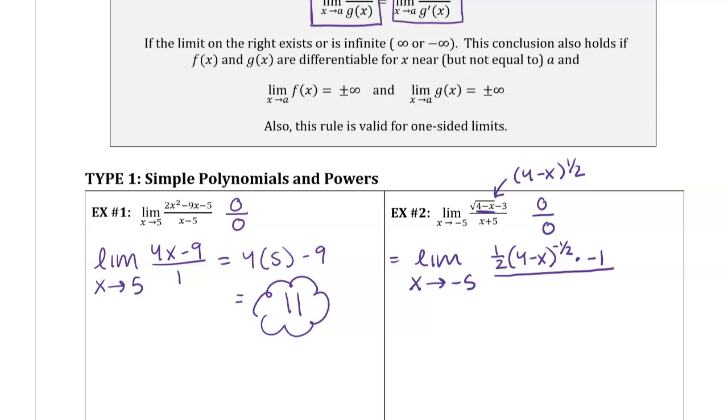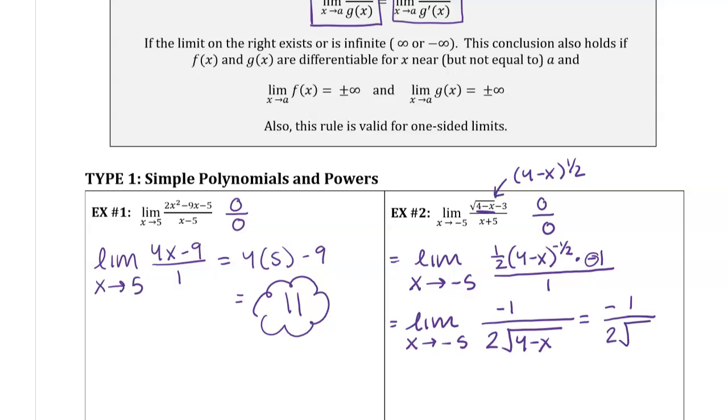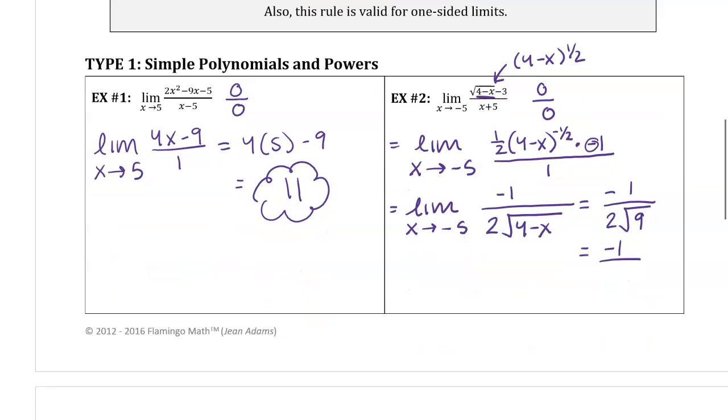Derivative of the bottom is just 1. So we'll rewrite, not taking the derivative again, just simplifying. We end up with -1 over 2 times the square root of 4 minus x, since 4 minus x to the 1/2 is the same as the square root. We put in -5 now, we get -1 over 2 times the square root of 4 minus -5, which is 9, which is -1 over 2 times 3, which is -1/6.